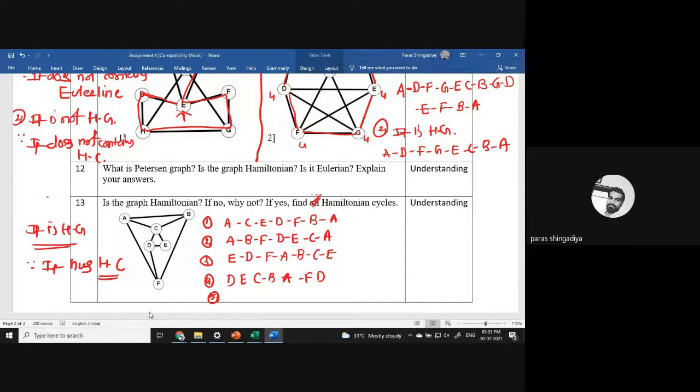And last, let's start with F. So F, then after B, A, C, E, D, F. Clear? So these are the possible answers. You can also consider more Hamiltonian cycles; more answers are also possible.